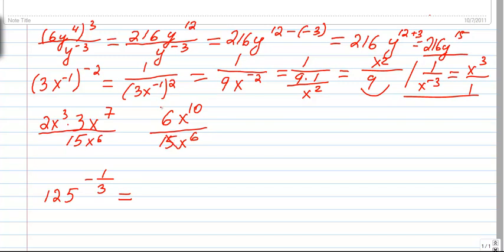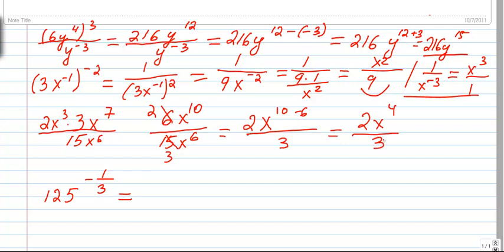Okay. Reduce by 3, so 2 and 3 here. So we keep 2. Using the quotient rule, x 10 minus 6, and still keep 3 here. So the final answer becomes 2 x to the fourth over 3.